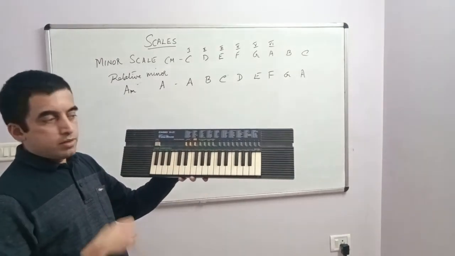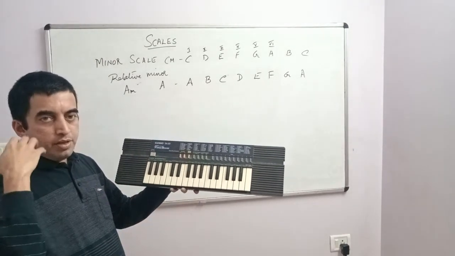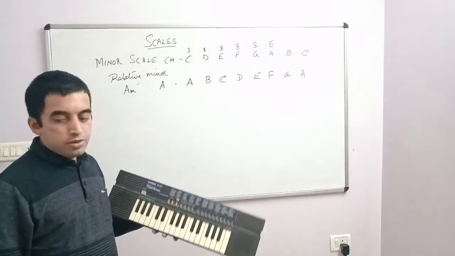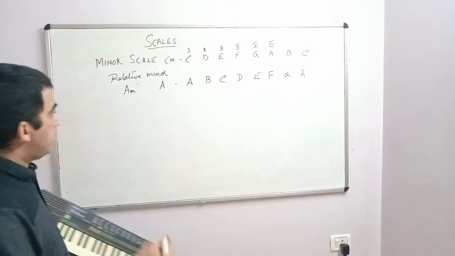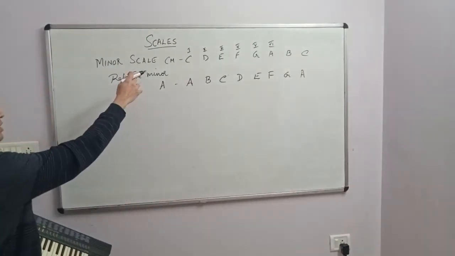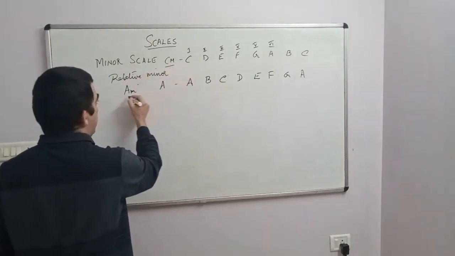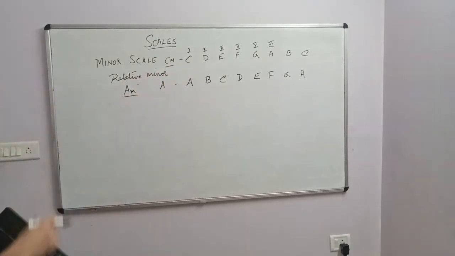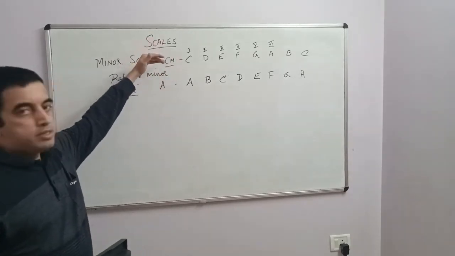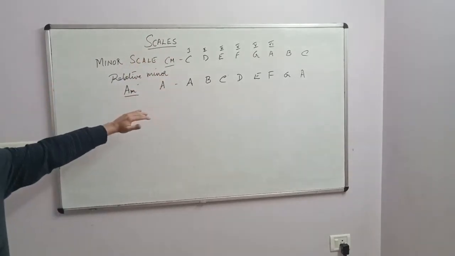Correct? The notes used are the same, but the feel of the notes is different, right? So that is why, even though the set of notes are the same, the C major scale and A minor are called relative. So the relative minor scale of C major scale is A minor.